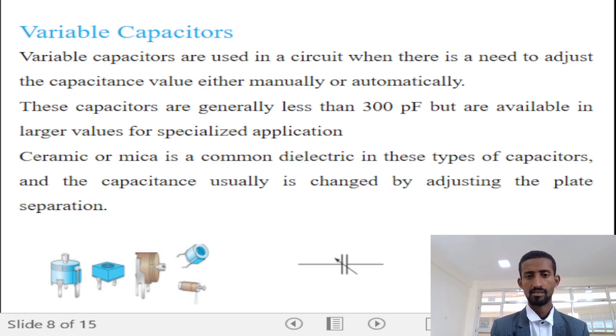As you remember from the previous class, the capacitance of a capacitor is directly proportional to its dielectric and the area, as well as inversely proportional to the separation distance. So by adjusting the separation distance, or by increasing and decreasing the area, we can vary the capacitance of this variable type of capacitor.